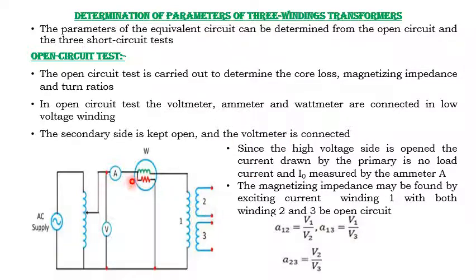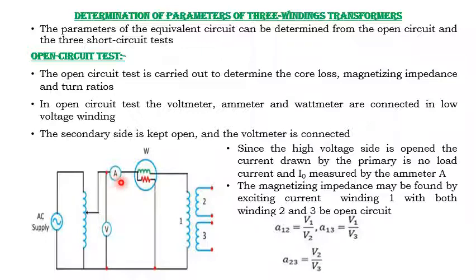Here this is the primary winding, this is the secondary winding, this is the tertiary winding. The secondary winding is kept open, so here a voltmeter is connected. At the primary winding, which is the low voltage winding, the meters are connected, that is ammeter, wattmeter and voltmeter.